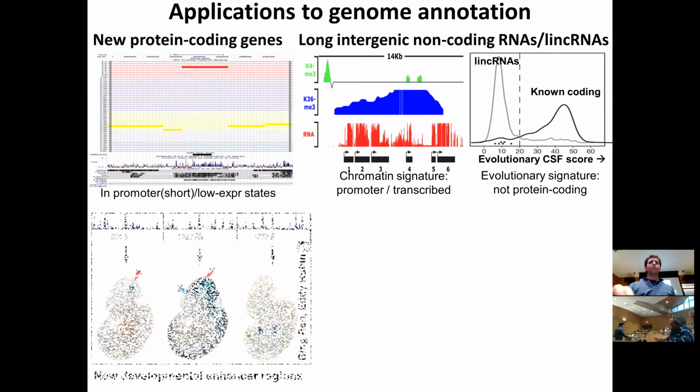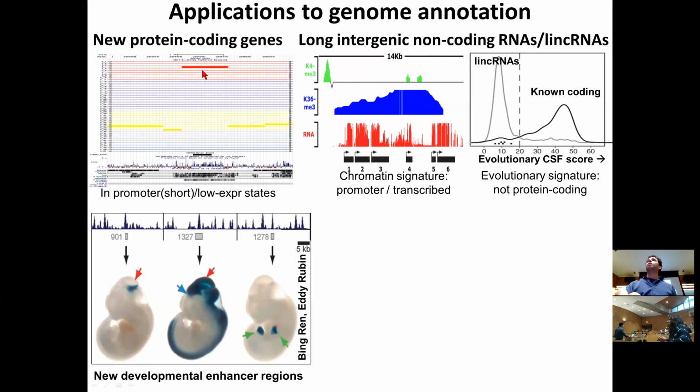We also used that to define new protein coding genes that were previously missed, because from their epigenomic signature, we could recognize them. We used that to define 2,000 different long non-coding RNAs that showed all of the signatures of promoter, transcribed, but didn't show any protein coding constraint.